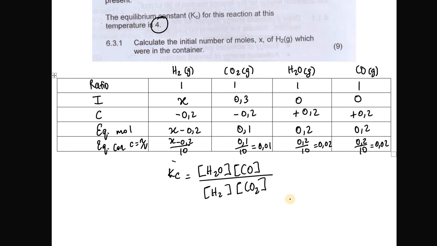Right, Kc was given to be 4, and then for H2O it's 0.02. Remember to use round brackets. And then for CO it's also 0.02, and then for hydrogen it's x minus 0.2 divided by 10. And then for carbon dioxide it's 0.01.